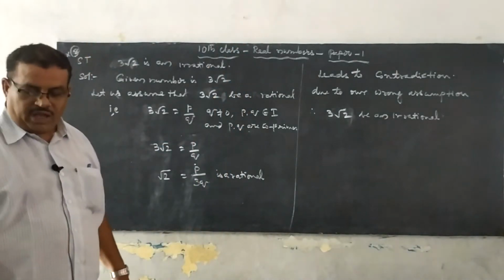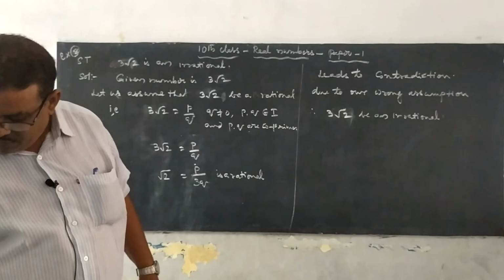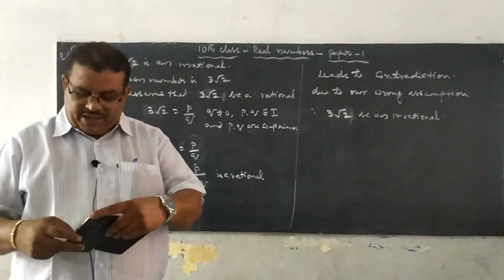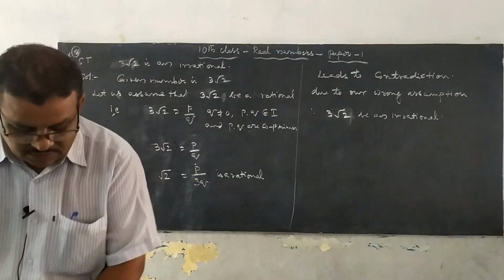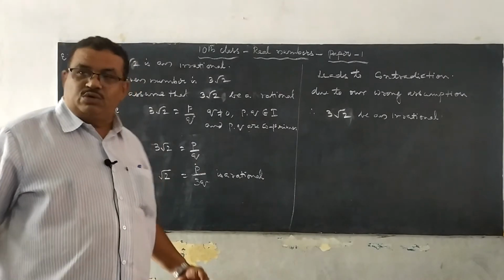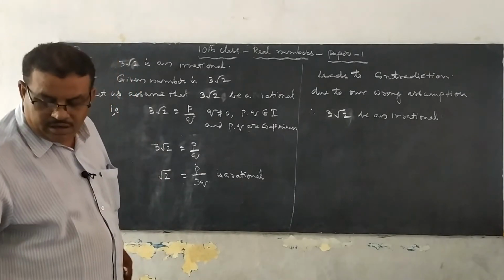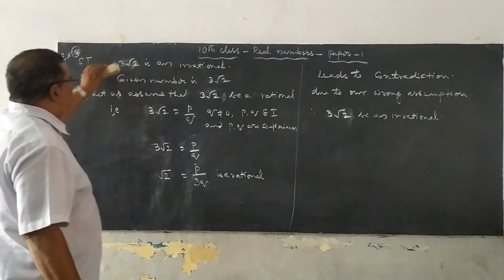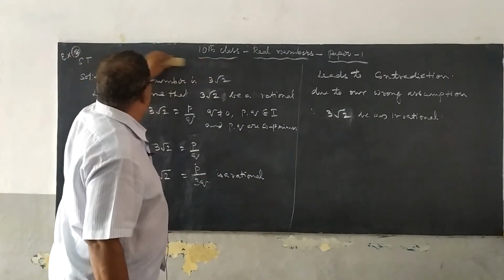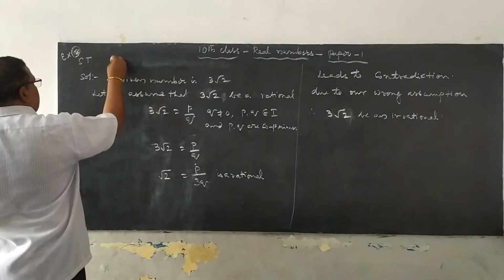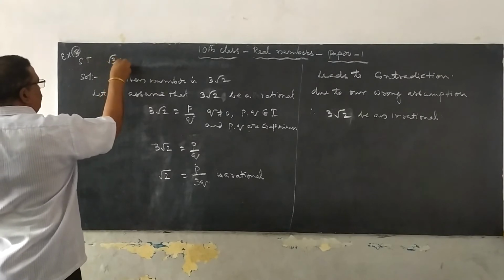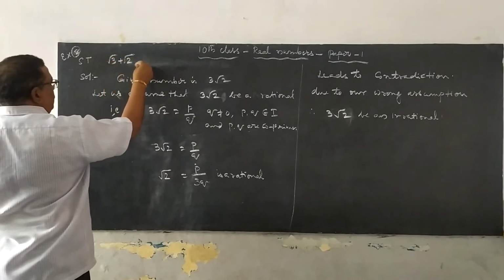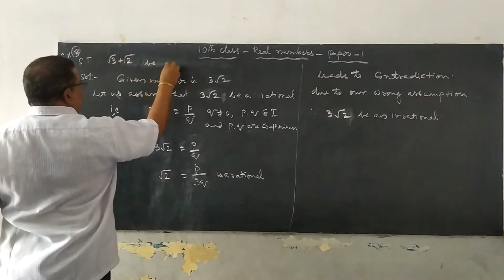So next, go through another question that is very important, example 10. Prove that root 2 plus root 3 is irrational. Prove that or show that root 3 plus root 2 is an irrational.